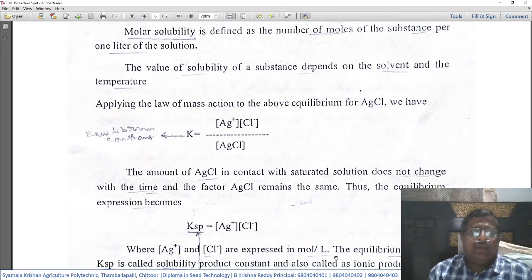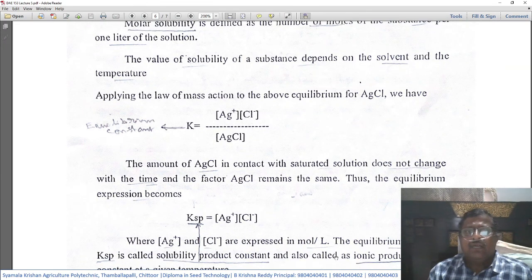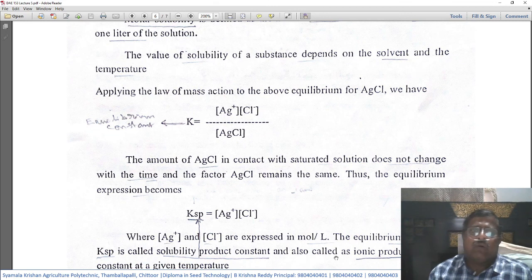Then applying the law of mass action to the above equilibrium for silver chloride. When you apply the law of mass action to our earlier studied silver chloride equilibrium, we have the following formula. That is K. We already know that K is an equilibrium constant.